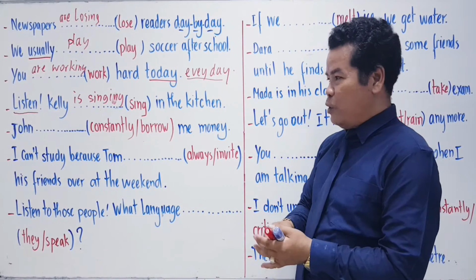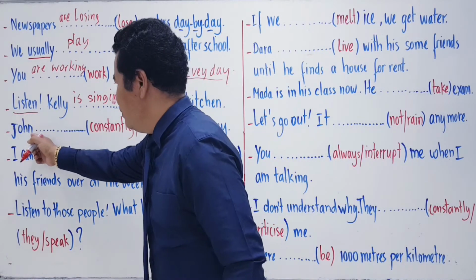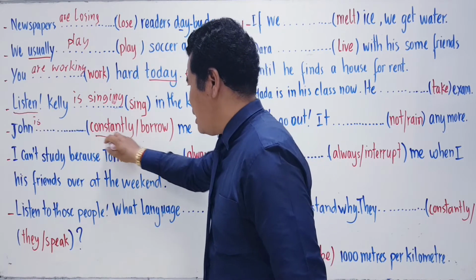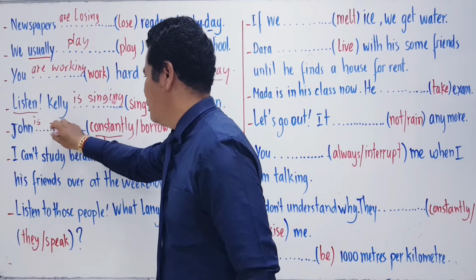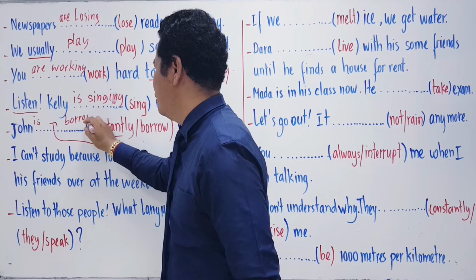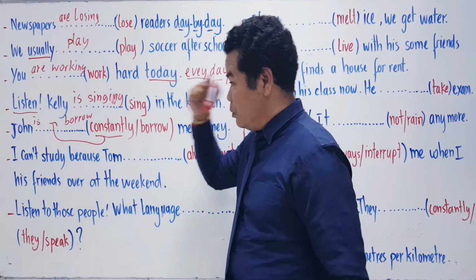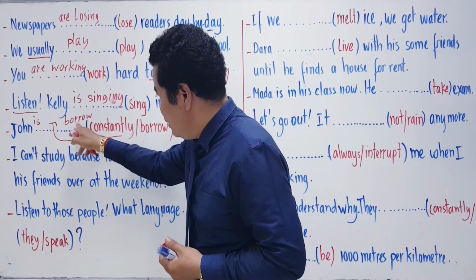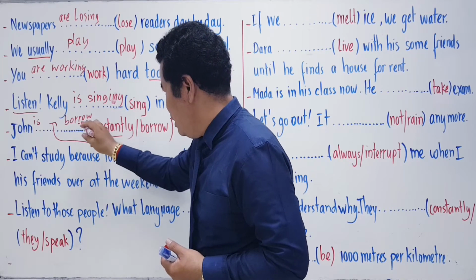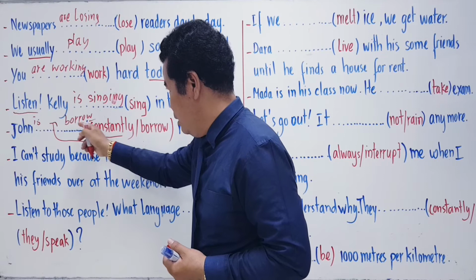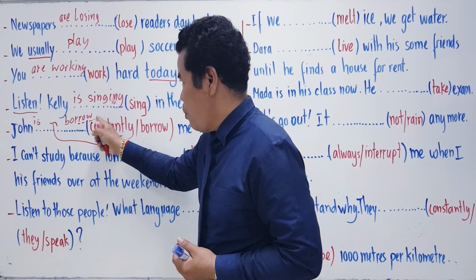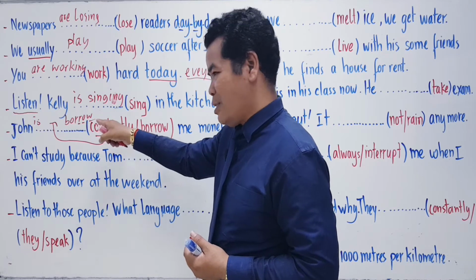So what do we have now? John is, you understand, constantly in the middle, and then borrowing. Look at this one. CVC. Consonant, vowel, consonant. So, do we have to double the last consonant?